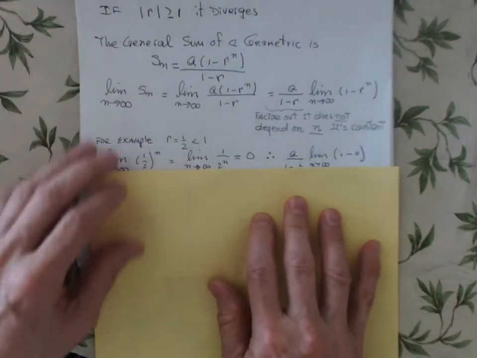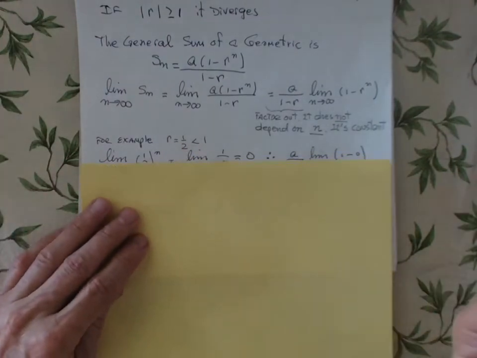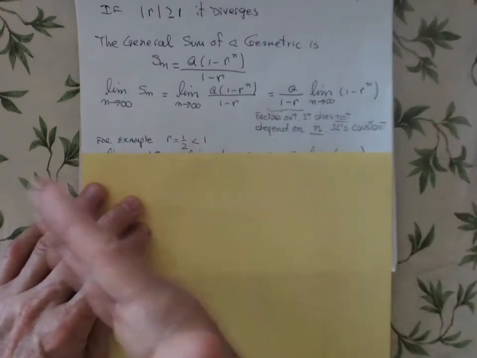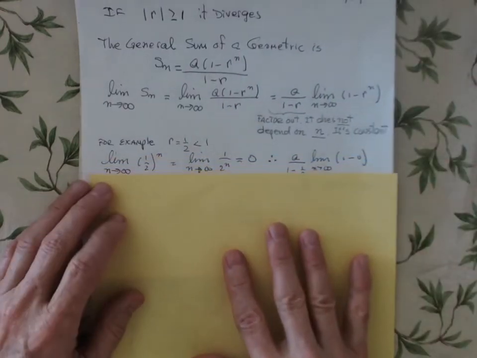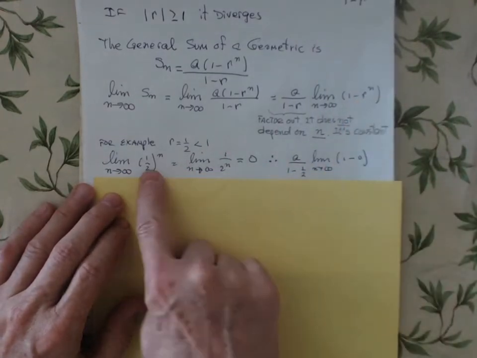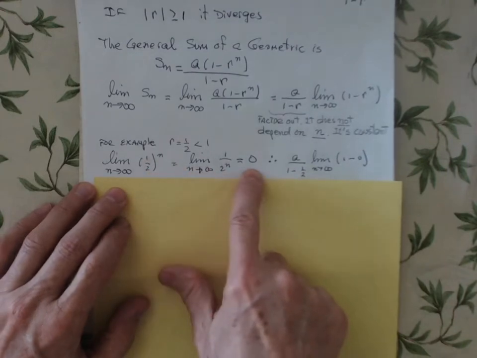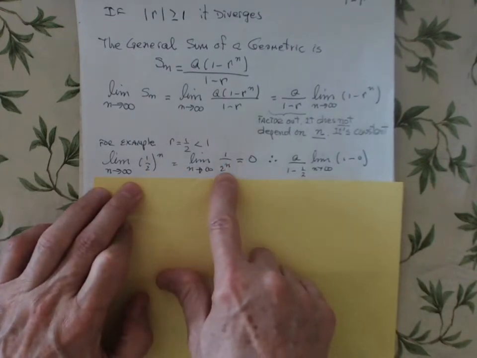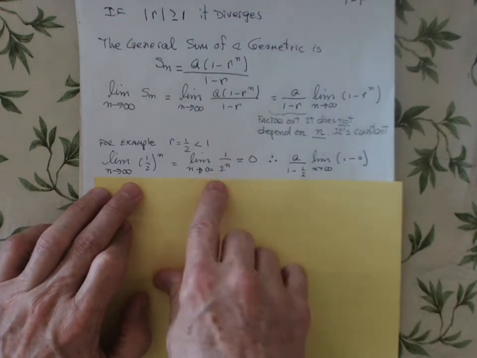So here we go. Let's pick one example, one instance of r in between 1 and negative 1. 1/2 is less than 1. And I'm going to find just this particular term, find when it's 1/2. It turns out to be 0. As you know, the limit of 1 over 2 to the n, as n goes to infinity, 2 to the infinity is infinity, 1 over infinity approaches 0.